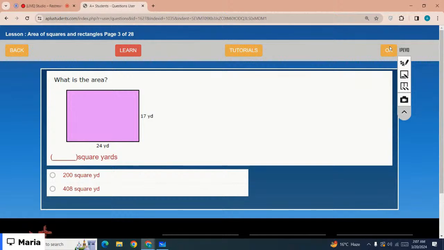So 24 times 17 is 408. Very good. The correct option is option number 2. That is 408 square yards. Very good.